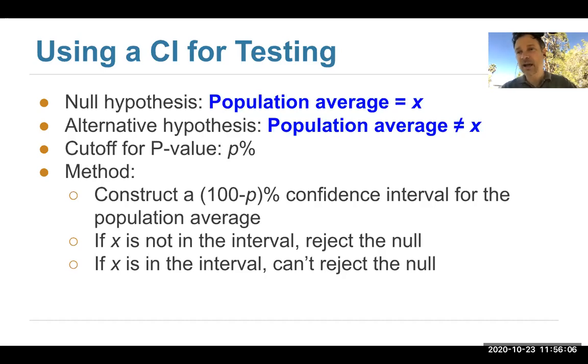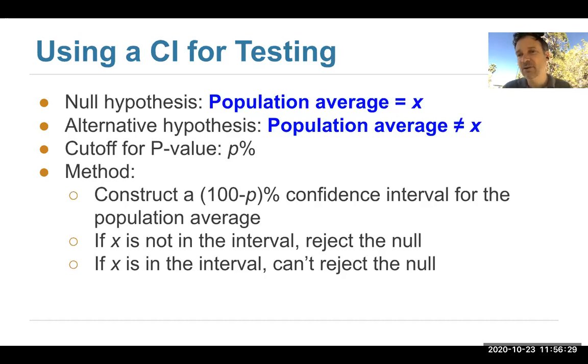If I took a null hypothesis stating the average is 4 years, that would not be rejected. If I took a null hypothesis saying the average is 5 years, that would not be rejected. 6, 7 years, those null hypotheses would not be rejected. But a null hypothesis stating that the population average is 8 would be rejected, or 2 would be rejected. So the confidence interval has a very close connection to hypothesis testing.